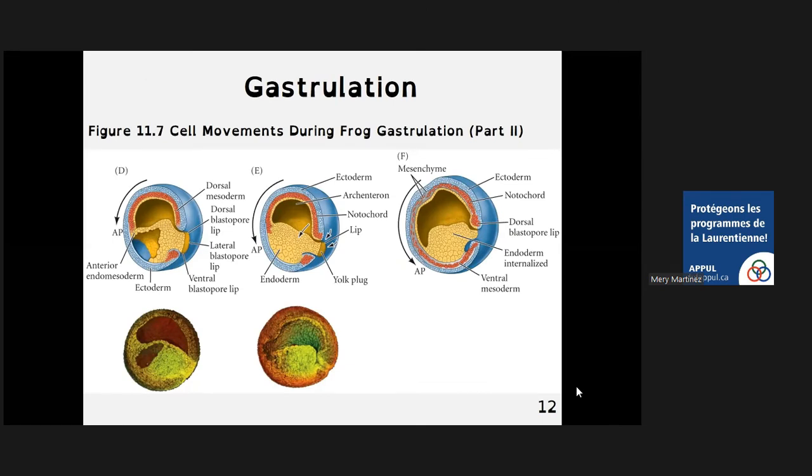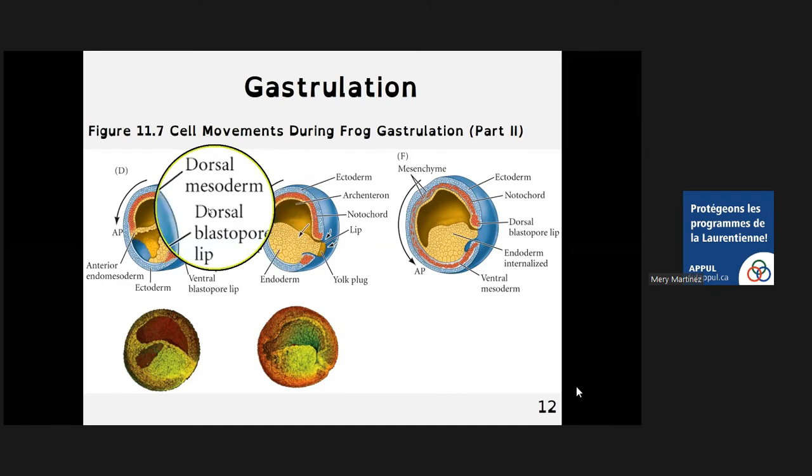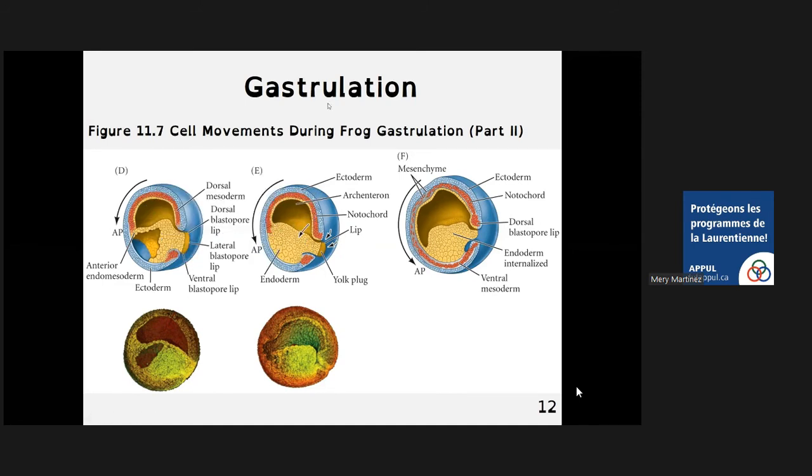Okay, so when the migrating marginal cells reach the dorsal lip of the blastopore, so now, let me just unload. So we came all the way down and we reach that dorsal lip again. They're going to turn inward and travel all along the inner cell. And at the end, the leading process of that ectoderm becomes the ventral blastopore lip.